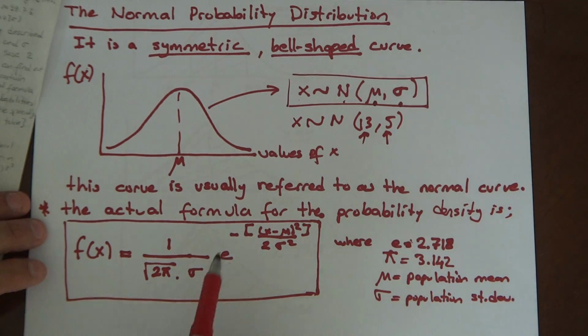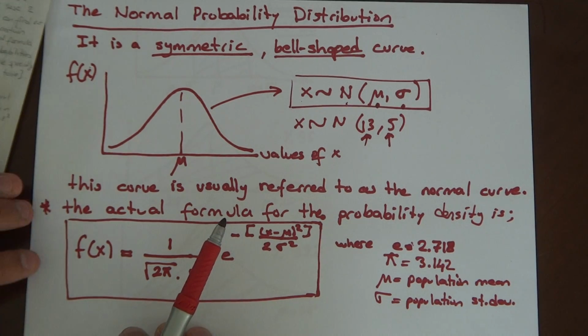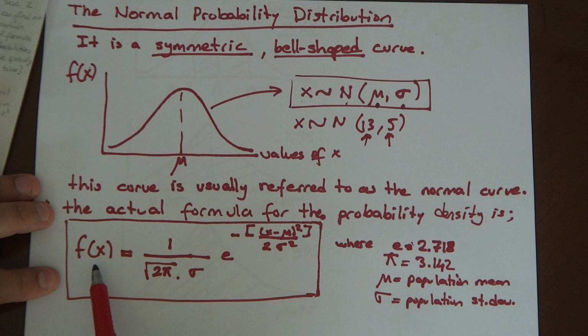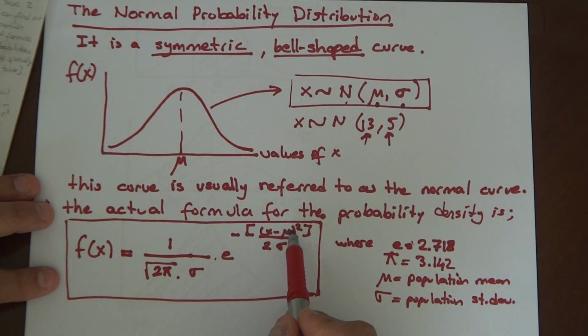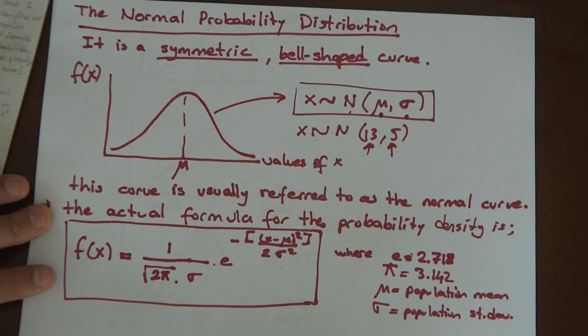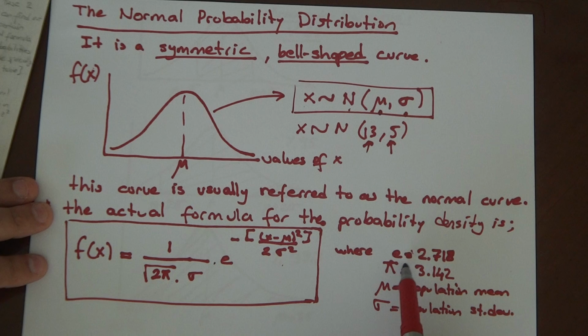And the actual formula for the probability density here is f of x equals 1 over the square root of 2 pi times the standard deviation, sigma, times e to the power negative, in big parentheses, x minus mu squared, close the parenthesis, divided by 2 sigma squared, where e is the constant number 2.718.